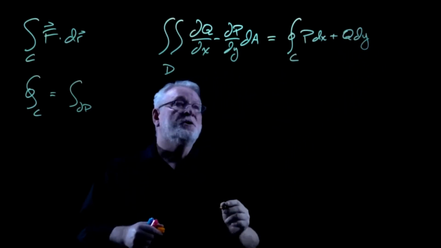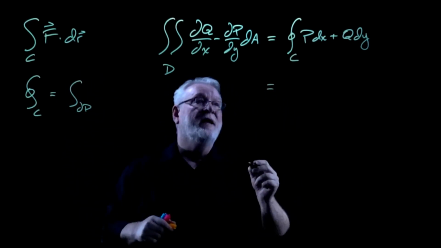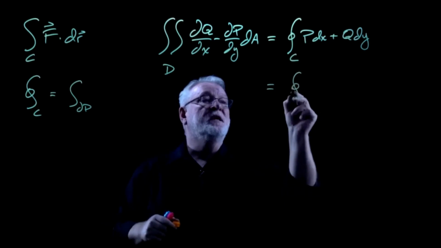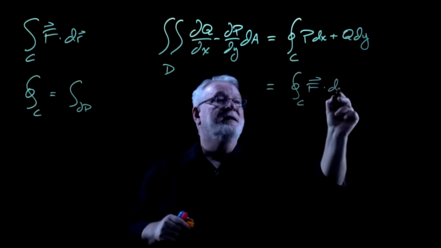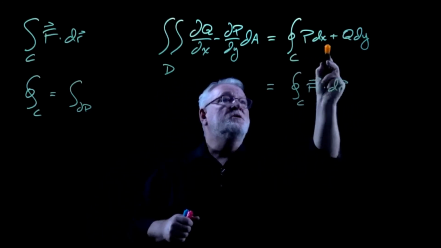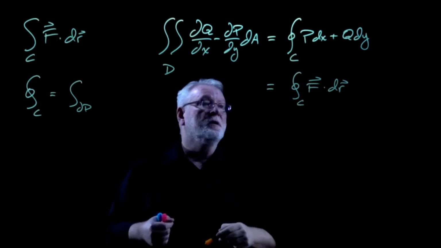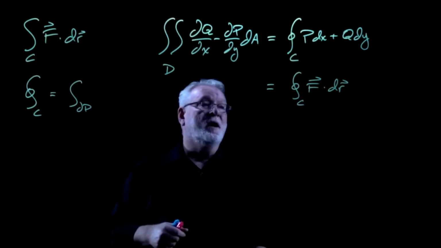And a way to interpret that is, this is just like our old friend the line integral. That is, we're just integrating it now over a closed path. So it's f dot dr, where f was the original function pq, and dr is represented by dx dy.